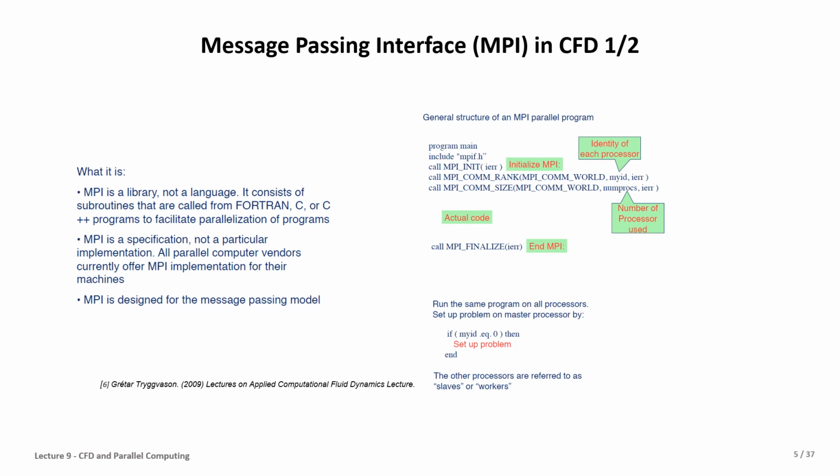MPI is designed for the message passing model. The general structure of an MPI parallel program includes initializing MPI, identifying each processor, the number of processors, then the actual code, and ending MPI.